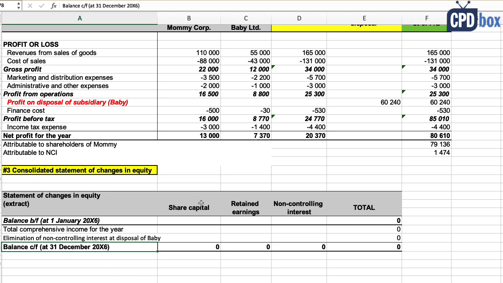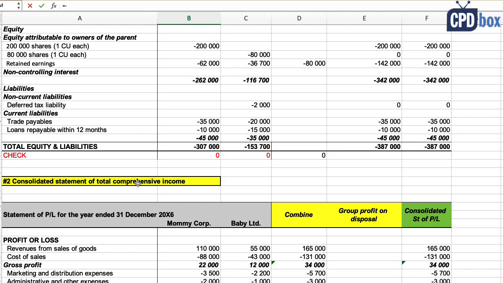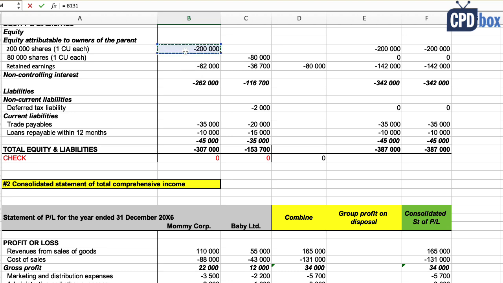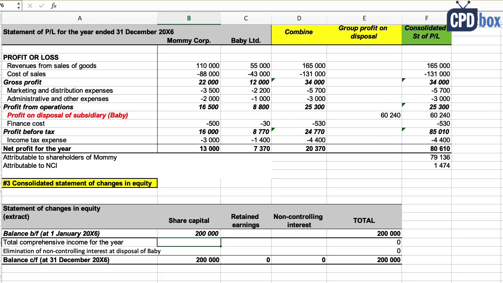It's the same as mommy's share capital, and there was no movement during the year, so we can just enter it right away. However, we do not know the consolidated retained earnings and non-controlling interest at 1st January 2006. Normally, you know this in practice because you can just look to your financial statements. But for this example, let's do two more calculations.